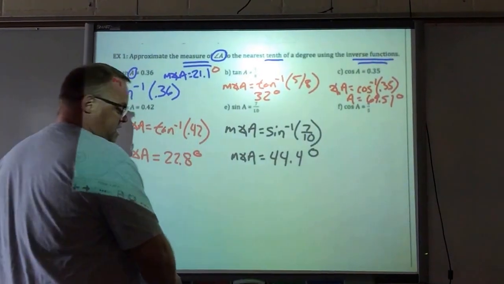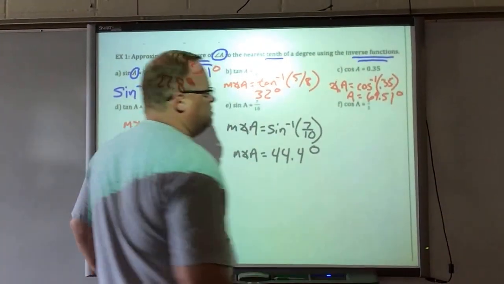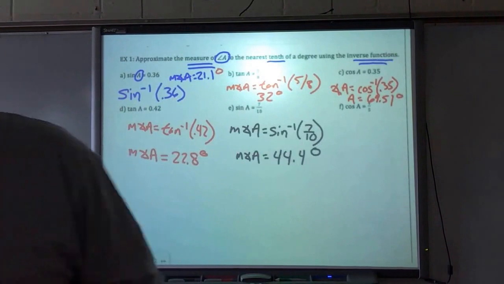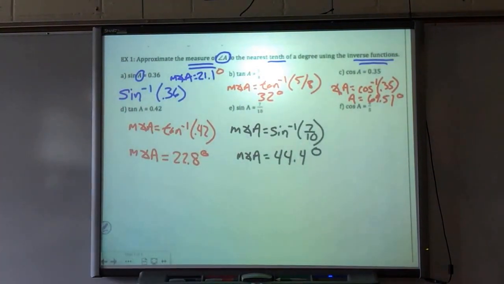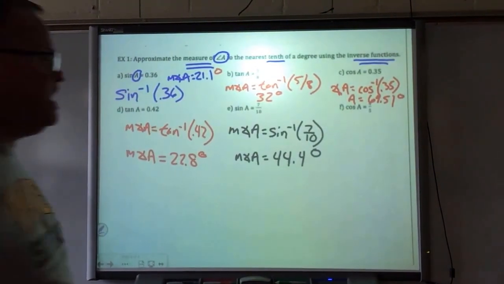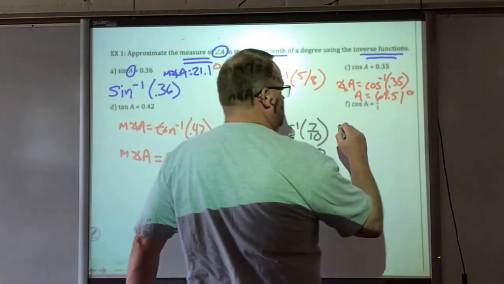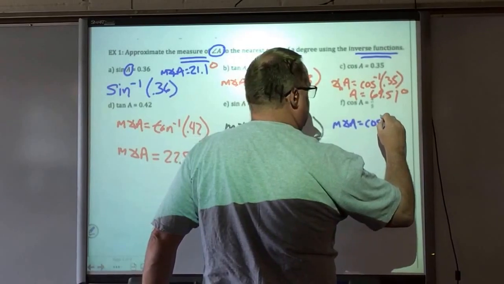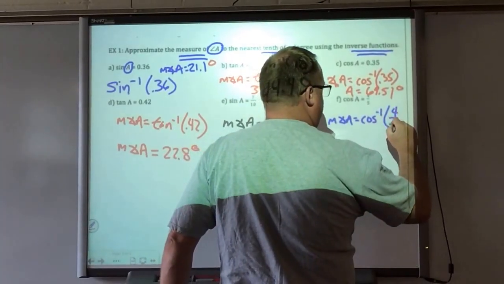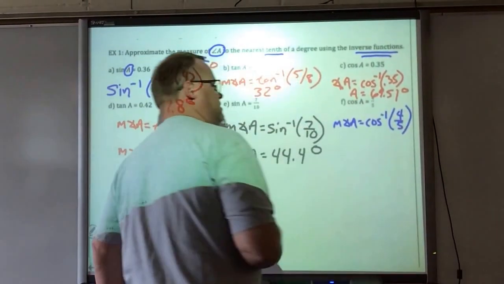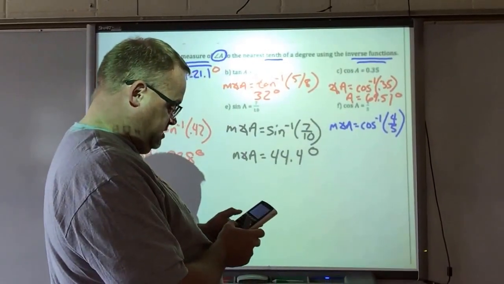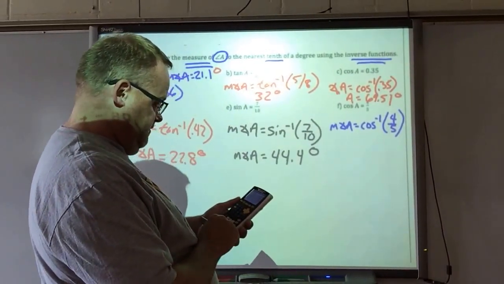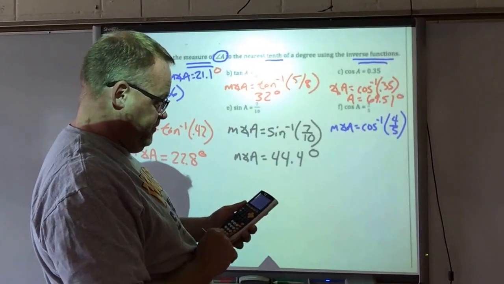And then last but not least, cosine of A is equal to 4/5. So the measure of angle A is going to be the inverse of cosine of 4 divided by 5. Here we go. Second cosine, 4 divided by 5.